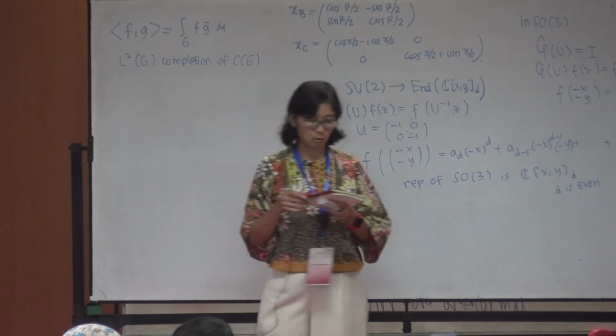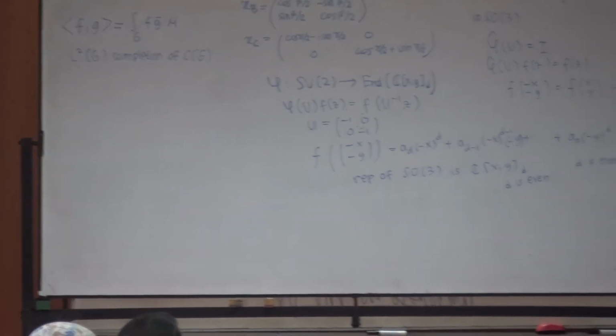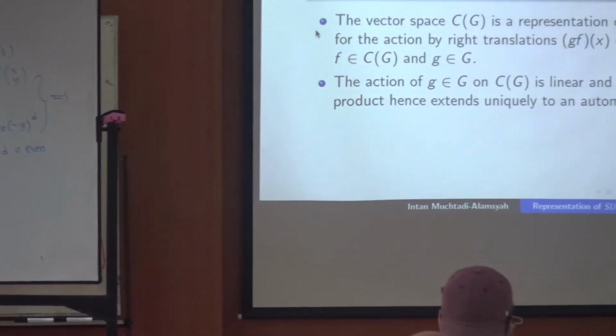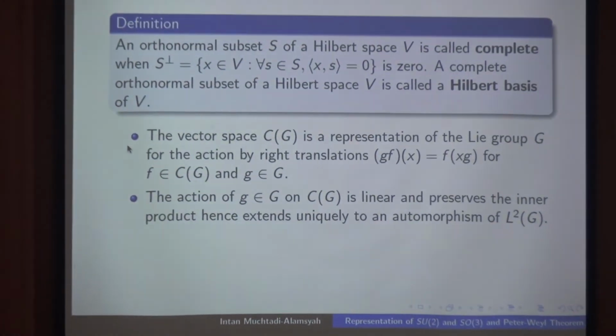We will see an example of mu later. But before the theorem, we define a so-called Hilbert basis as a complete orthonormal subset of a Hilbert space. And here complete means that the S-perp is 0.